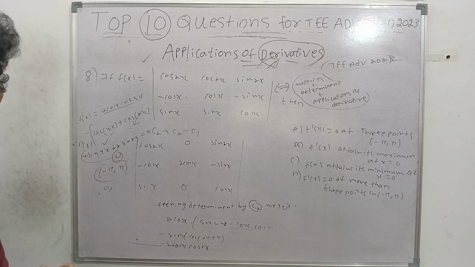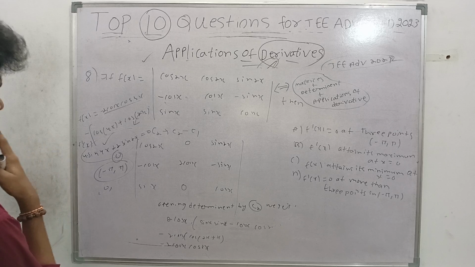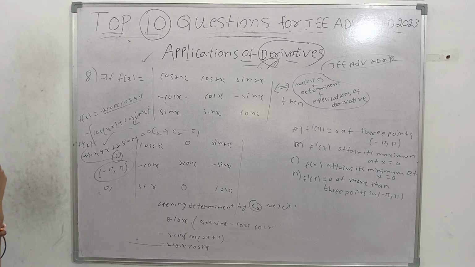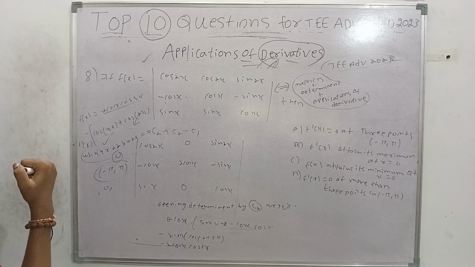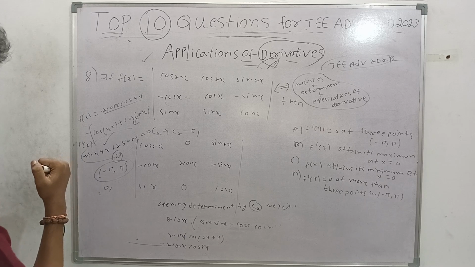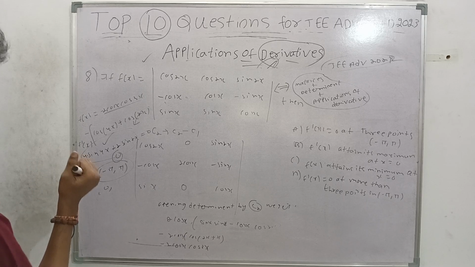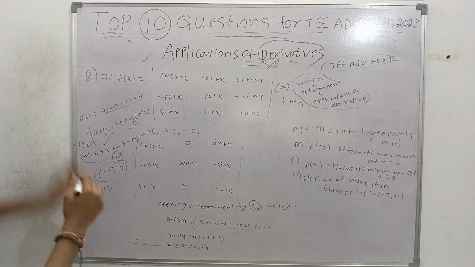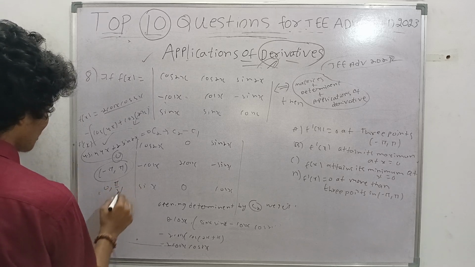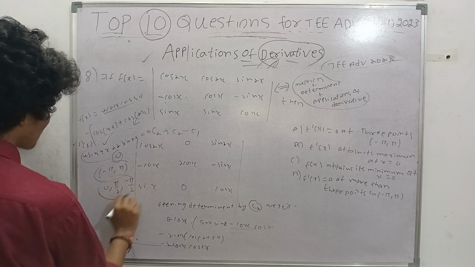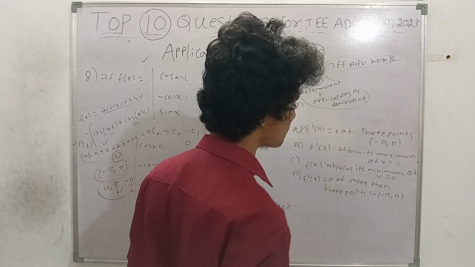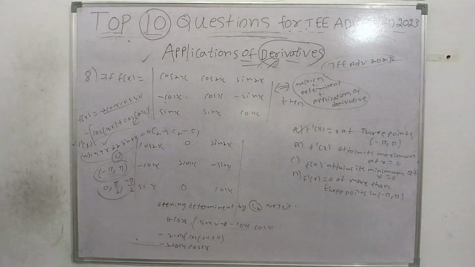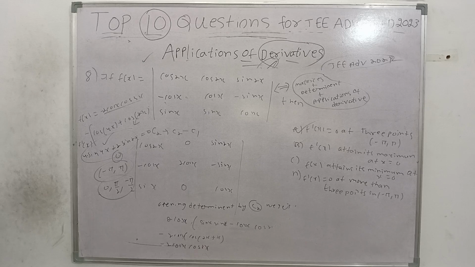At 0, when you substitute, it is 0, and at pi by 2, yes, at minus pi by 2, yes, at these points also it is equating to 0. So f dash x is equal to 0 at 3 points in minus pi to pi. So option A and B are correct.